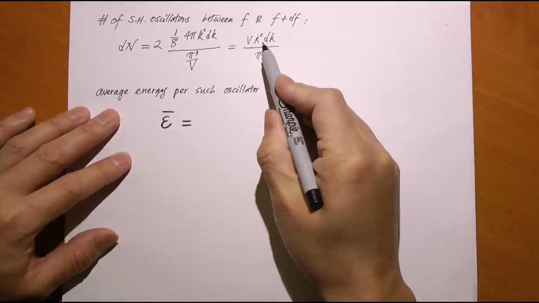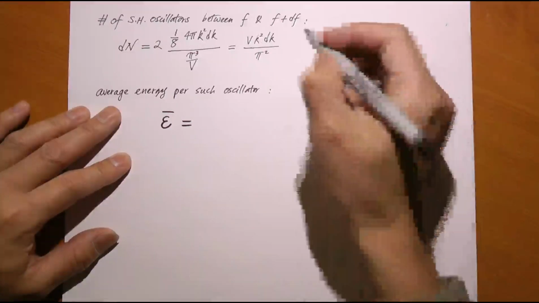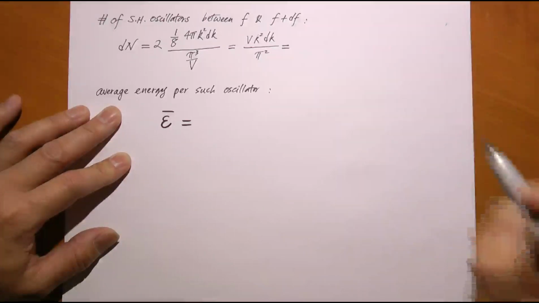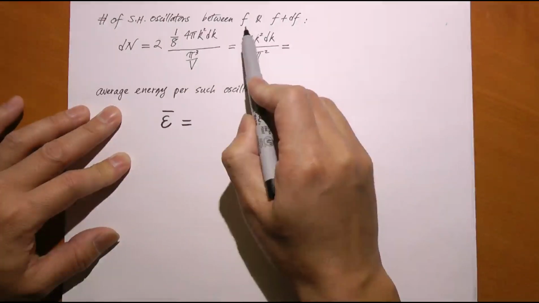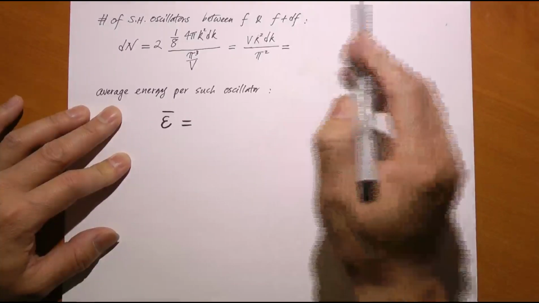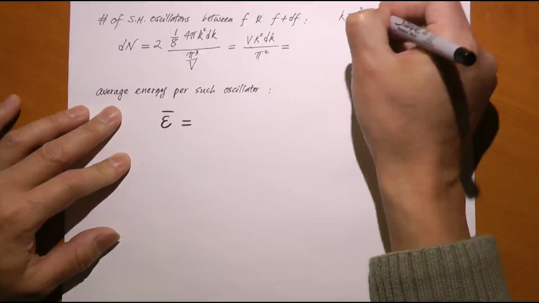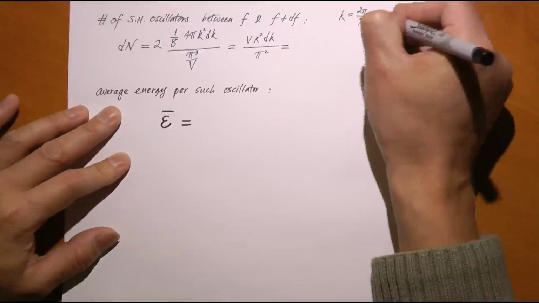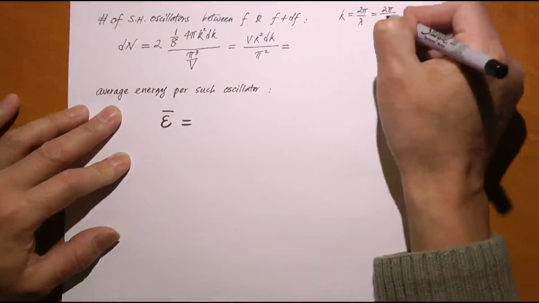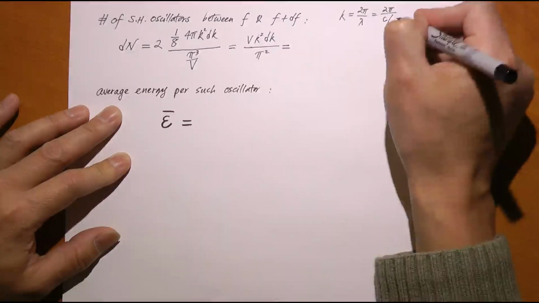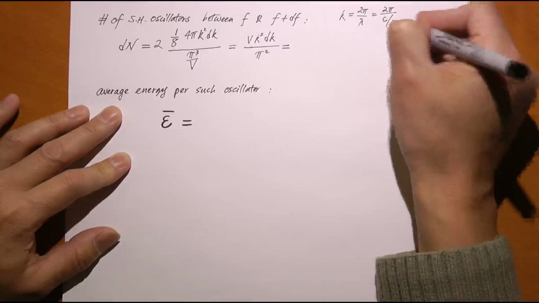I get V times k squared times dk over pi. But remember, I want to turn k into f. I want to figure out how many oscillators can exist between f and f plus df, f being the frequency. k equals 2 pi over lambda, and that is 2 pi times the speed of light, or speed of the wave, c, divided by the frequency.